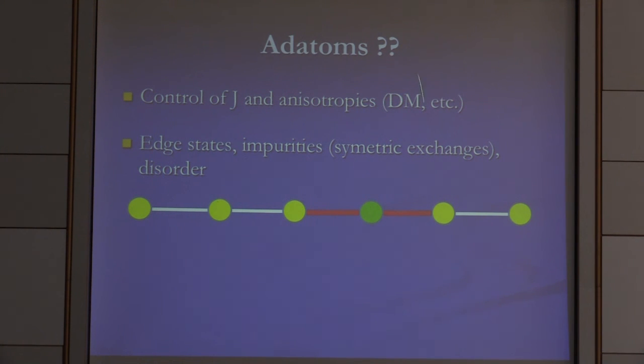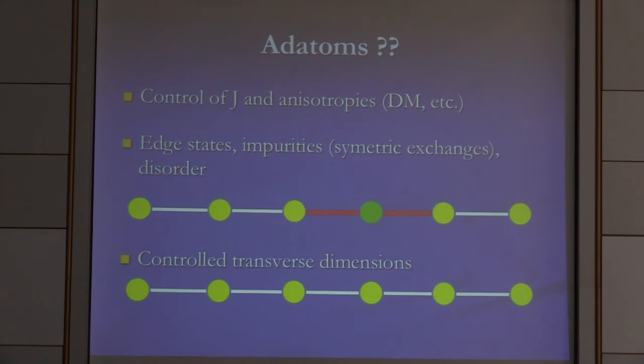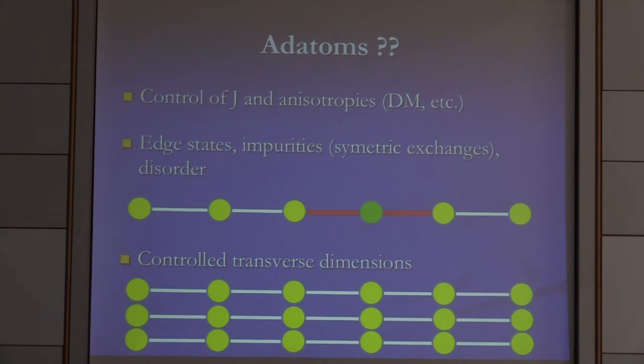But of course, with atoms, maybe this is something that can be really put in the experimental bag of tools. And I think also the idea of controlling the transverse dimensions is something which is easier to realize with atoms than with bulk materials, putting several chains together and seeing how the physics changes.